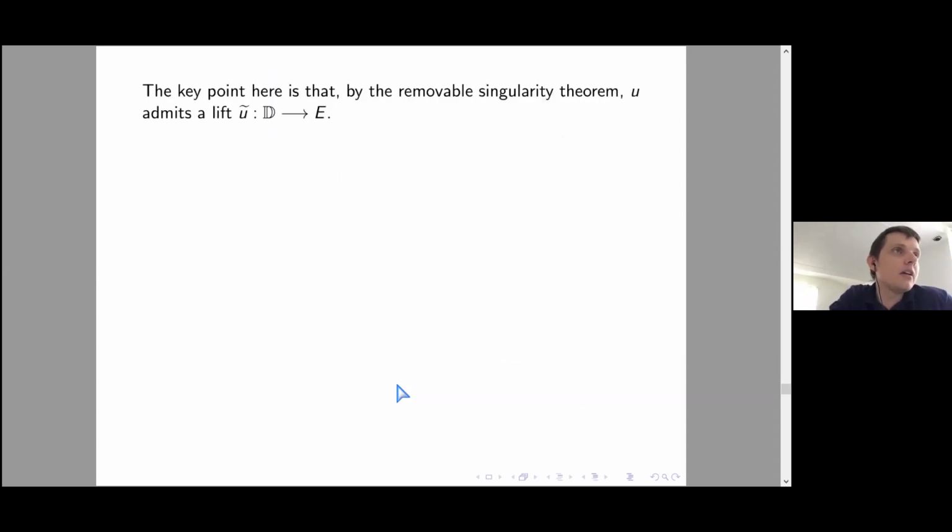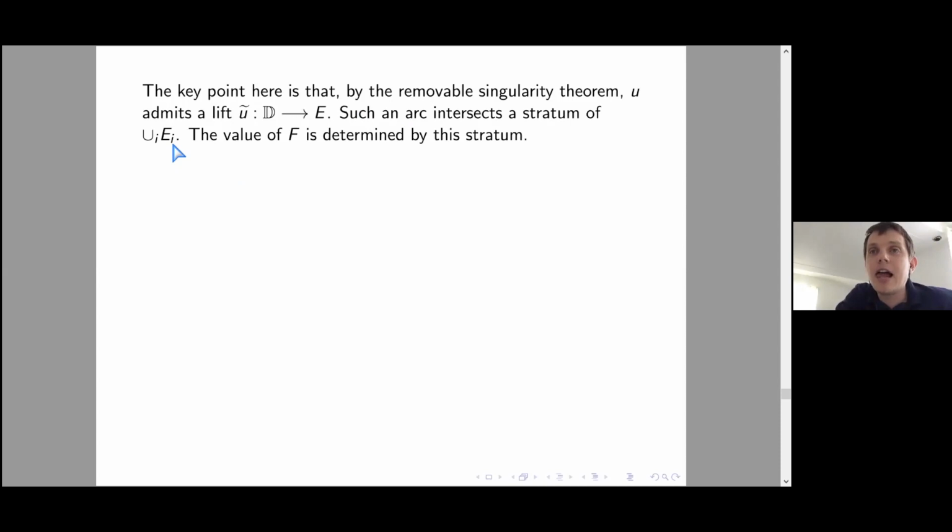As I said, the key point here is by the removable singularity theorem, this map U admits a lift to Y, and this lift intersects some stratum in the union of these exceptional hypersurfaces E0, E1, etc. And the value of F is determined by this stratum.